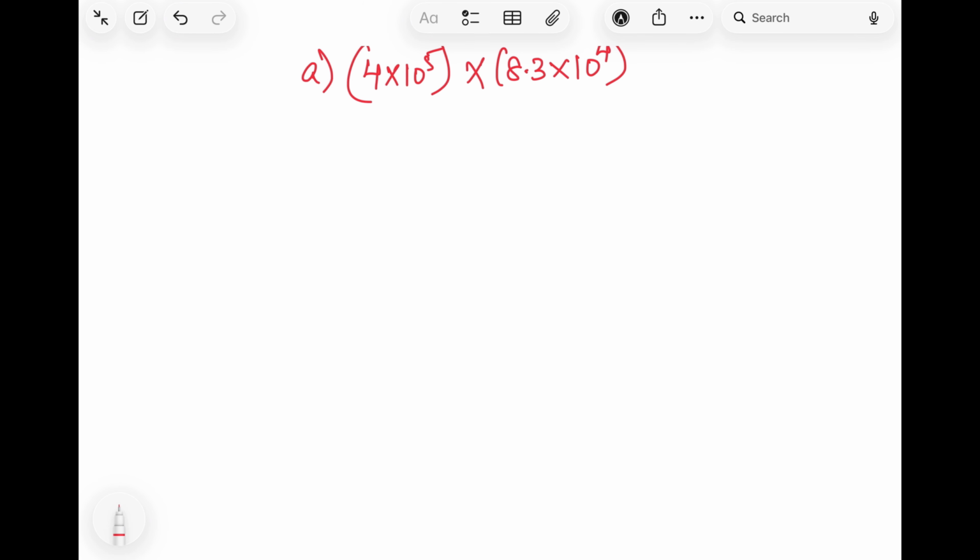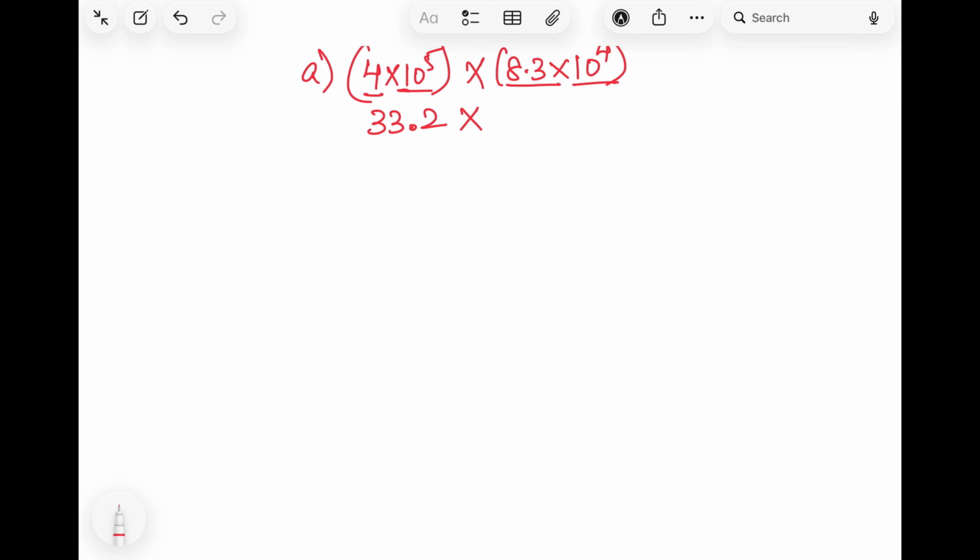To multiply these as full numbers, they become big: around 400,000 and 83,000, right? Instead, it is very easy: just multiply the numbers here. If you multiply 8.3 and 4, what do you get? 33.2. And then what is remaining? 10 raised to 5 and 10 raised to 4.